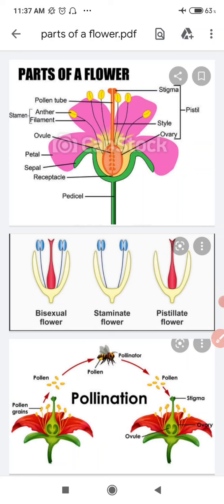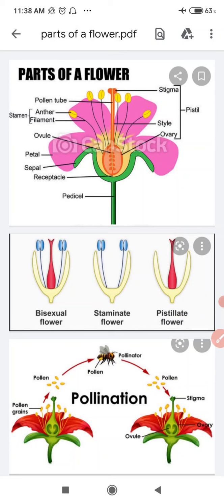First pedicel, then thalamus, then sepals which make the first whorl, calyx, and then petals which make the next whorl called corolla. Then stamen, the male part of the flower which contains filament and anther, and then pistil, the female part of the flower, which contains ovary, style and stigma. Anther contains the pollen grains.